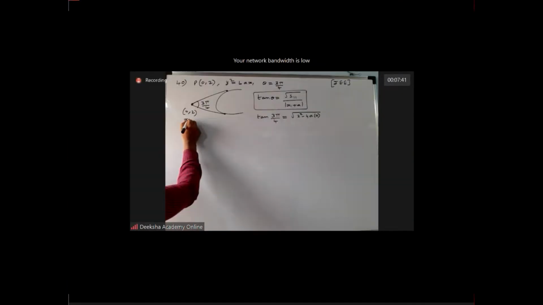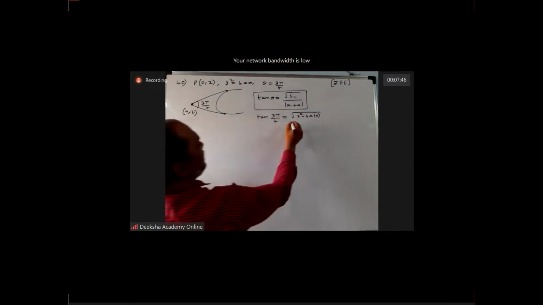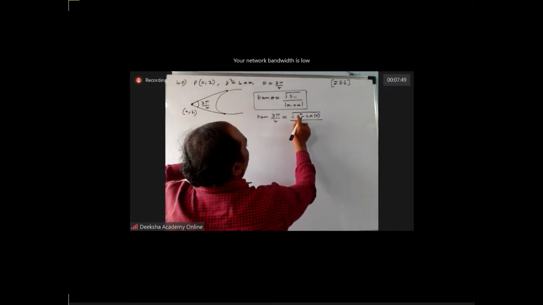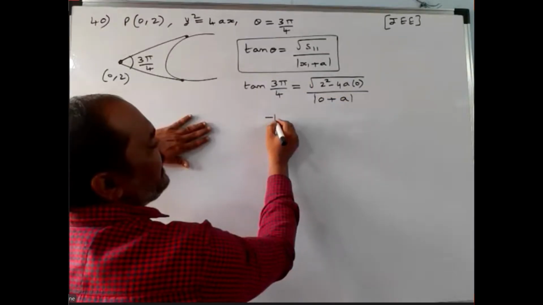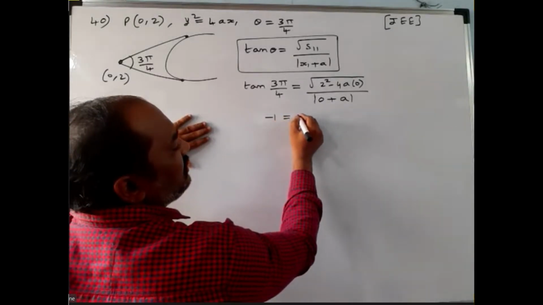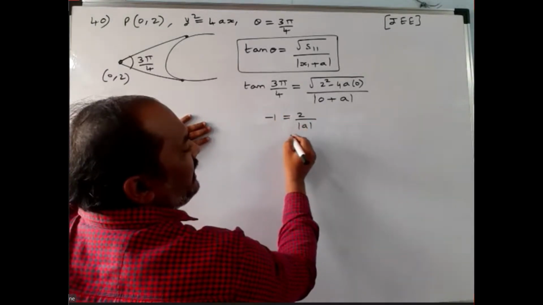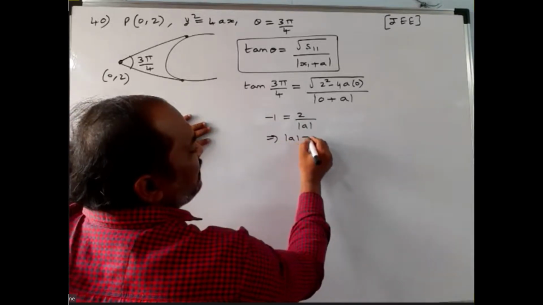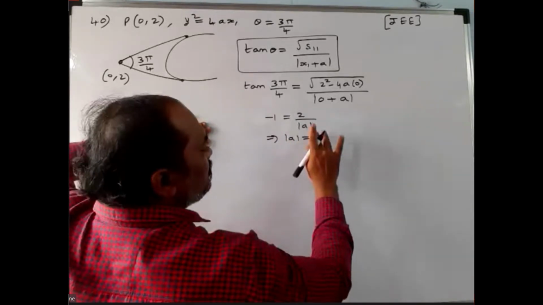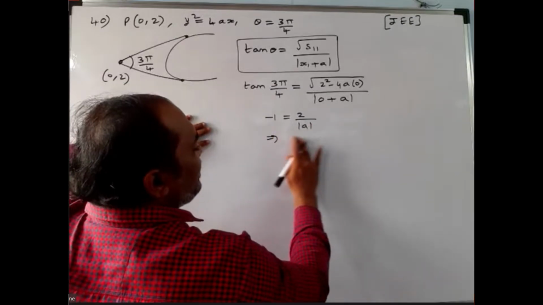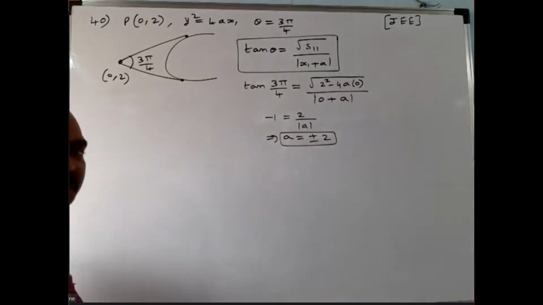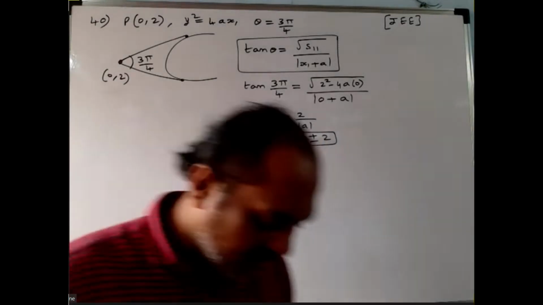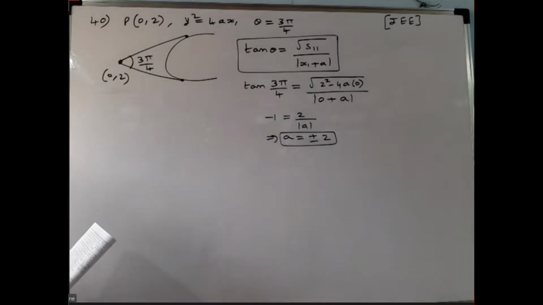The point is x1, y1, substitute 0, 2. We don't know the a value, minus 1 is equal to root 2 by mod a. This implies mod a is equal to 2. That implies a is either plus or minus 2. This is the concept completed. Question, a is equal to plus or minus 2.